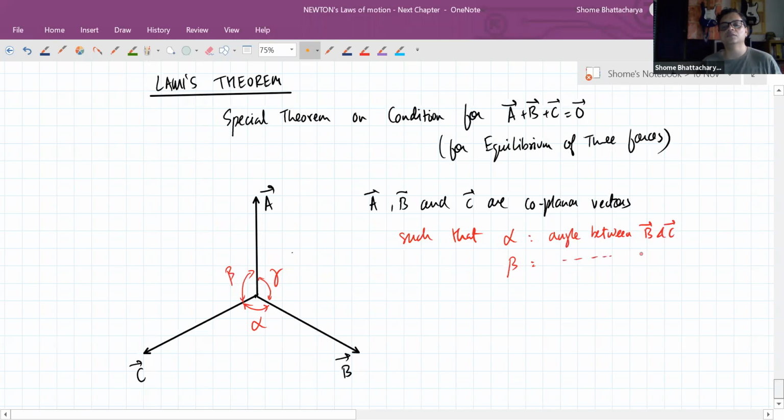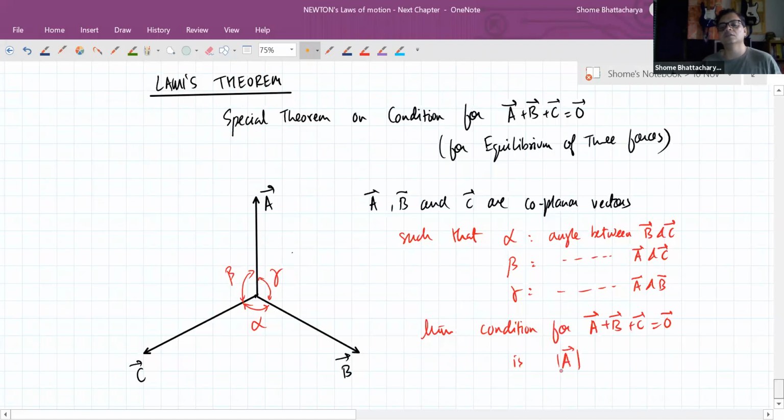Beta is the angle between A and C, and gamma is the angle between A and B. Then, according to Lami's theorem, the condition for their resultant sum to be zero is that magnitude of vector A divided by sine of alpha is equal to magnitude of vector B divided by sine beta is equal to magnitude of vector C divided by sine gamma.